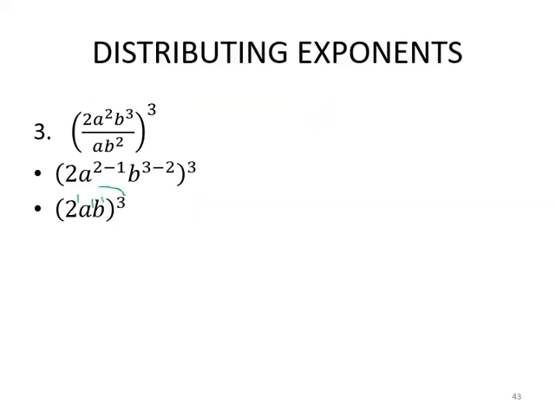All those ones must be multiplied by this 3. And this is what you will get. But 2 to the exponent of 3 is 8. So I'll be left with this. Great, isn't it? Awesome.